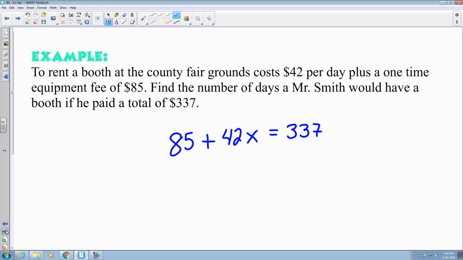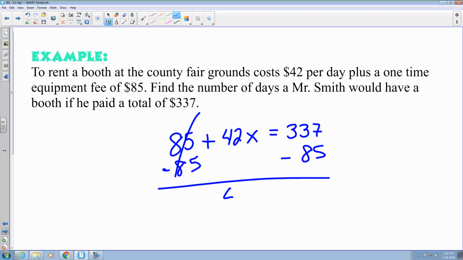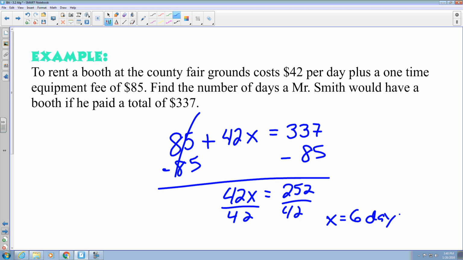So from here, we're going to subtract 85 from both sides. This gets canceled, so now I have 42x equals 337 minus 85. That gives me 252. Divide everything by 42, and that gives me x equals 6 days. Okay.